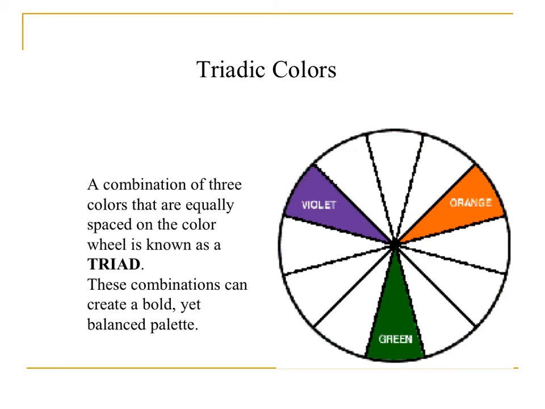So then we have the triad. The triad is sort of halfway between the complementary and analogous. It is the equivalent of just right, which if you remember Goldilocks and the Three Bears, I think that's Baby Bear, whose bed is just right. They are bold, right, which means they have some tension.